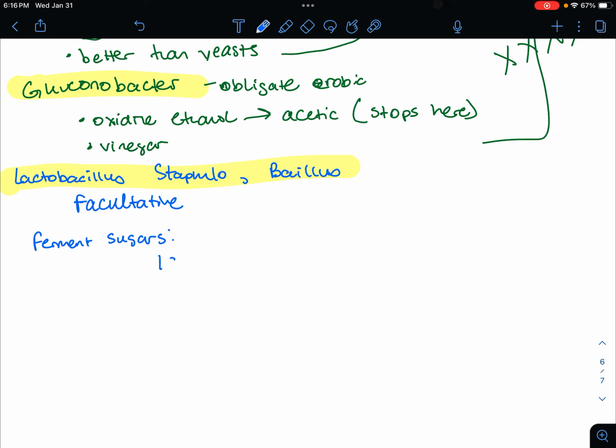We have lactic, which is going to be Lactobacillus and Pediococcus. Or we could have lactic, ethanol, and CO2 when we're talking about the Leuconostoc or the heterofermentative species, Lactobacillus.